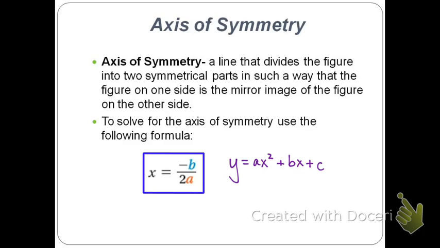So if we can identify the coefficient in front of x, whether it's the a for the x squared or the b for the x, and we'll also identify c. You can see for this formula, we're really only working with b and a. But down the road, we will be applying c. So, let's get started.